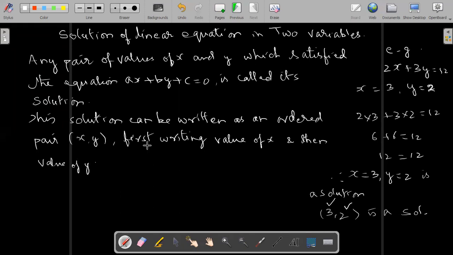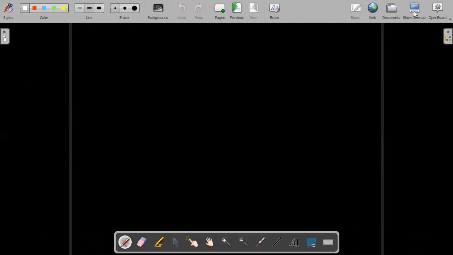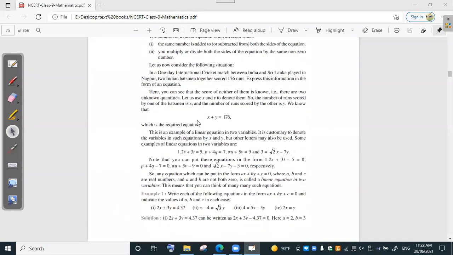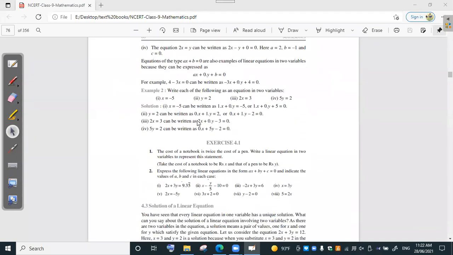So this is the first part where we are doing the introduction of linear equations, and some questions will be done. Then graph of the linear equation will be started next. So now we can take some questions from our textbook.